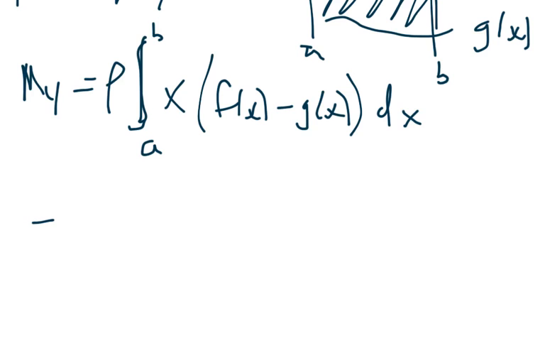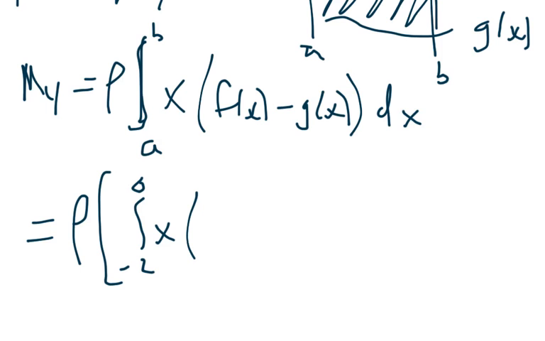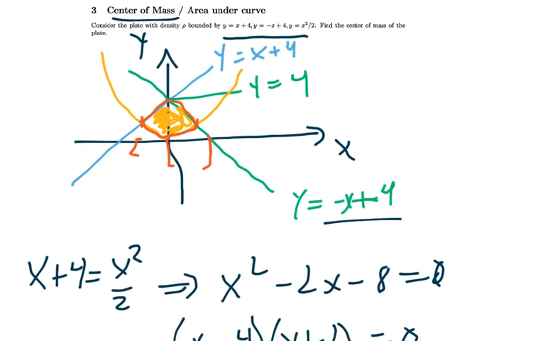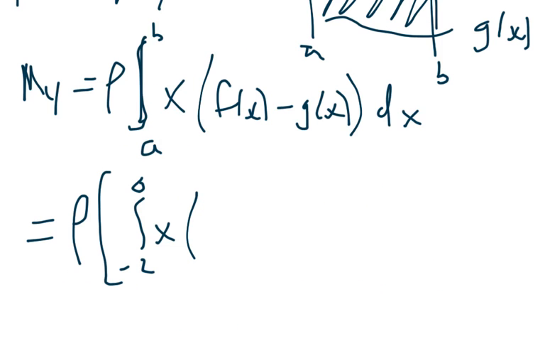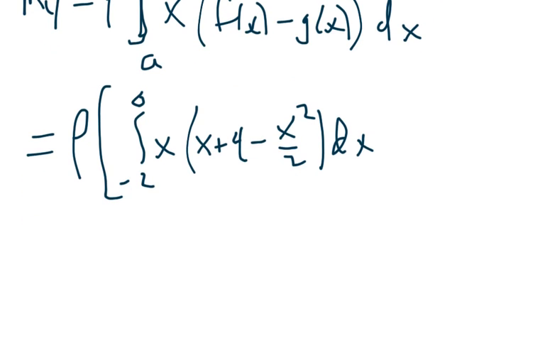So for us, it's going to be rho. First we're going to do from minus 2 to 0, x, and then my upper bound on this region is going to be x plus 4, right? That's this one. My lower one's going to be x squared over 2. So x plus 4 minus x squared over 2 dx.